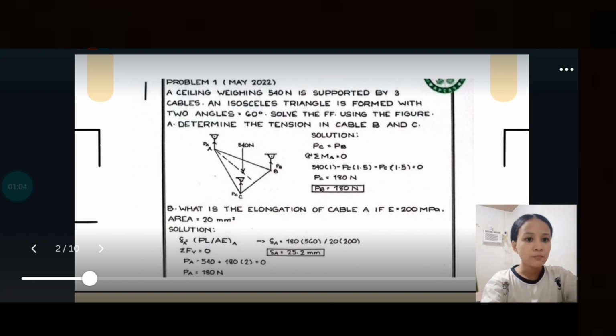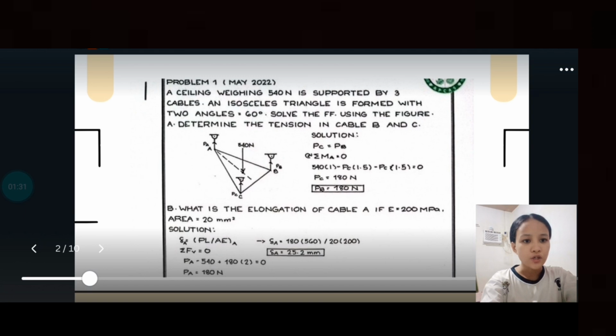So first is 540 times 1, minus PC, which is unknown, times 1.5, minus PC times 1.5 is equal to 0, which is also equal to 180 Newton. So the tension in cable B and C is 180 Newton.